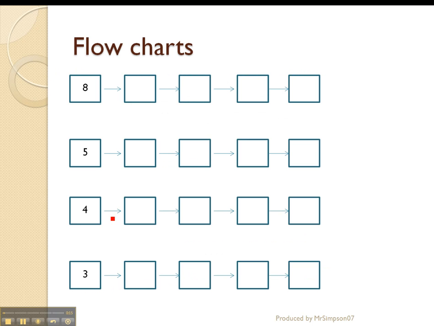To start with, I'm going to introduce the concept of flowcharts. Now, we've used flowcharts in other subjects in regards to how we organize and transfer information. These flowcharts are a little bit different, but also quite the same, really. Now, in this flowchart here, the number 8 is considered the input number.